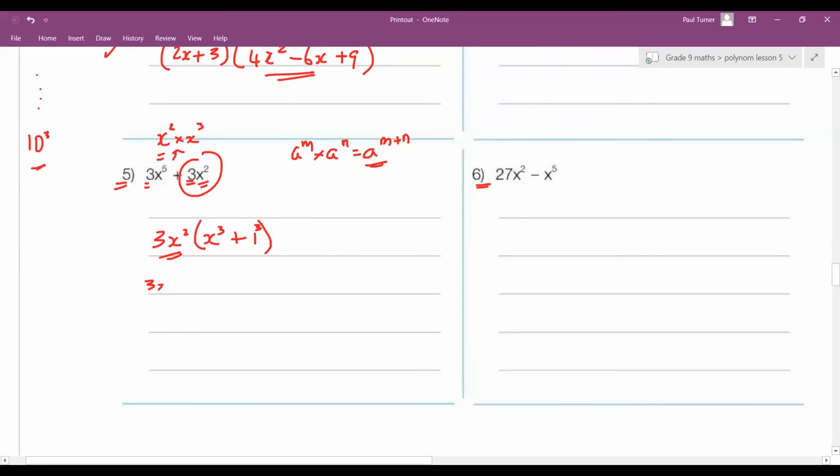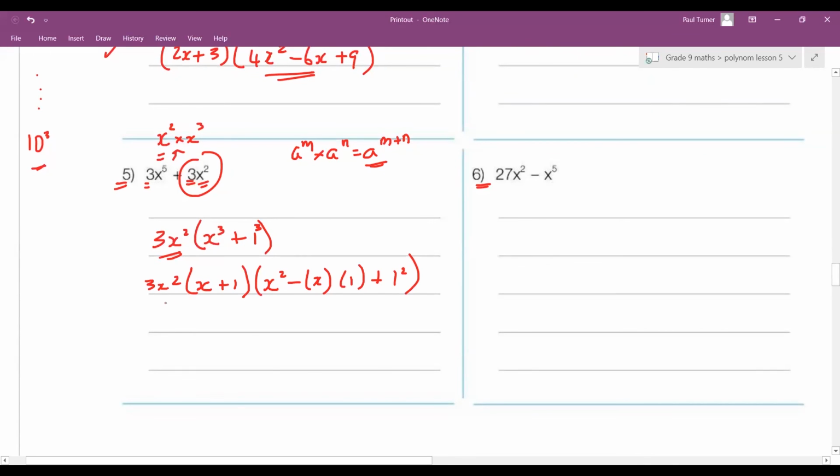So we've got 3x squared. Now you've got x cubed plus 1 cubed, so x plus 1. Then we've got this number, x squared minus x times 1 plus 1 squared.